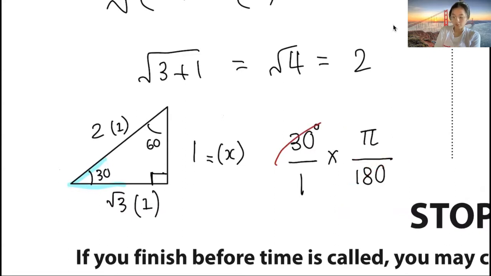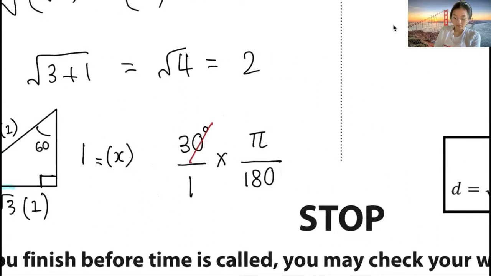This is the radian, and this is the degrees. So we cancel 0 out. It's going to be 1 over 6, and that's going to be pi over 6 radians.